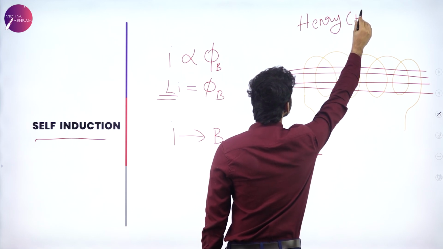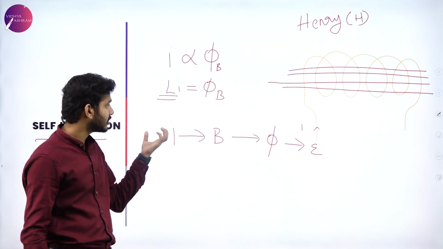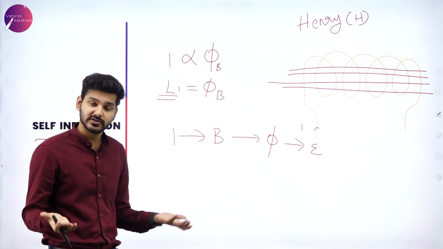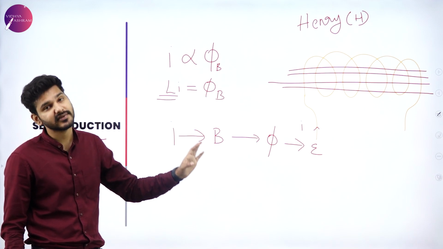It is to honor a great scientist that we use Henry, but if you want to use SI notations, that is also fine. But just know the unit is Henry, and this is known as self-inductance.